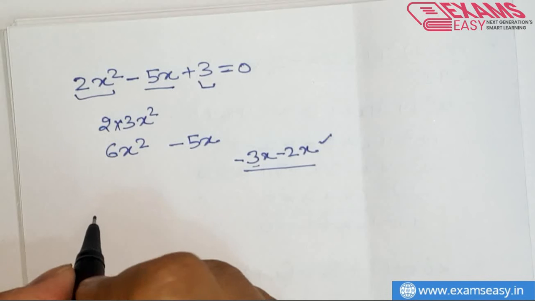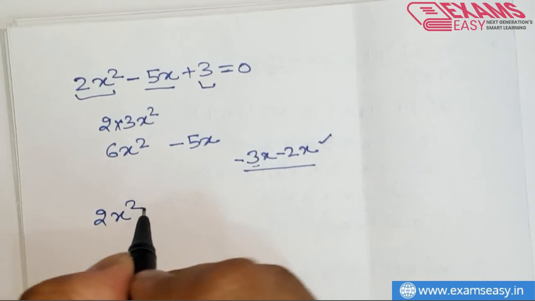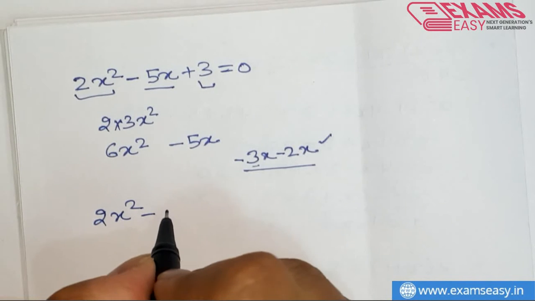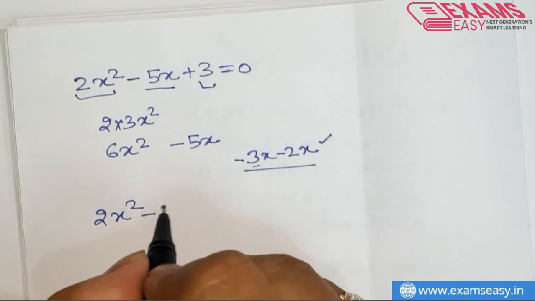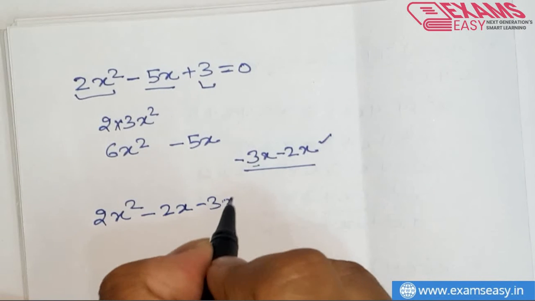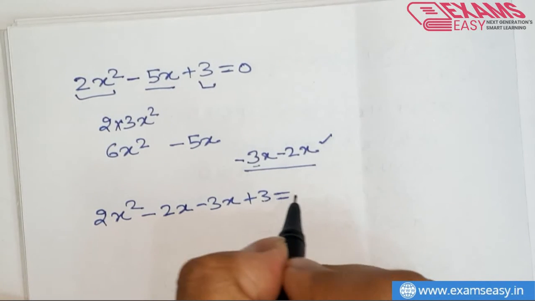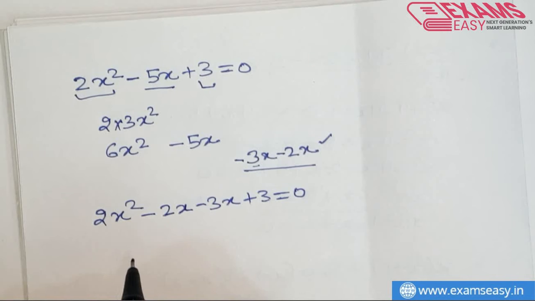So let us split the middle term and rewrite our quadratic equation as 2x square minus 2x minus 3x plus 3 is equal to 0. Now let us switch to our fourth step, which is nothing but take out the common.